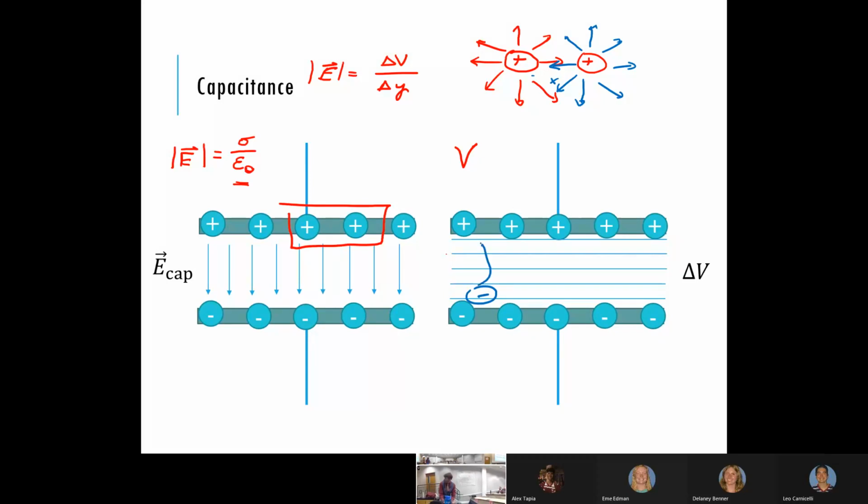But if you're thinking about moving charges from one plate to the other, each charge has the exact same change in potential. Which means if they're the same charge, they get the exact same change in potential energy. They cross the same number of equipotential lines. That means that they'll have the same change in energy, so long as they're the same charge. Or maybe I should say the change in energy of the charge will be proportional to the charge itself.